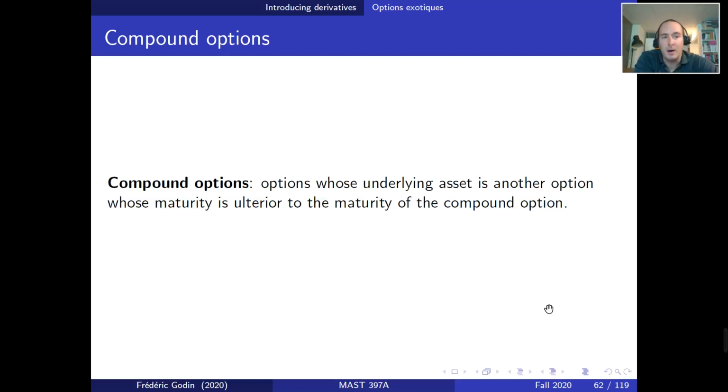So for a compound option, the underlying asset is another option on some other asset. Instead of being an underlying asset directly, a compound option allows you to receive an option for the strike price, and that other option has some other underlying asset. This is why it's a compound option. It's an option which allows you to buy an option at a future date and a future predetermined price.